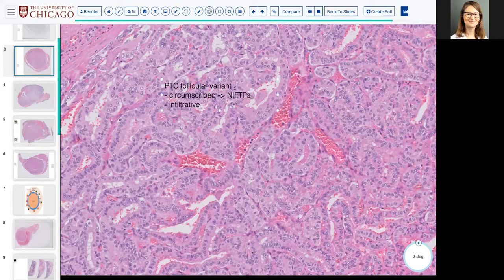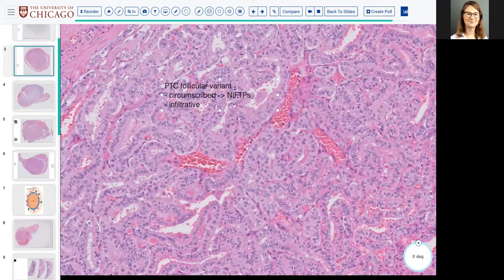But the problem is, if you call this a non-invasive encapsulated follicular variant of PTC, you almost imply to some people that you're thinking it could be a NIFT-P. So I don't think that terminology is accurate in this case.